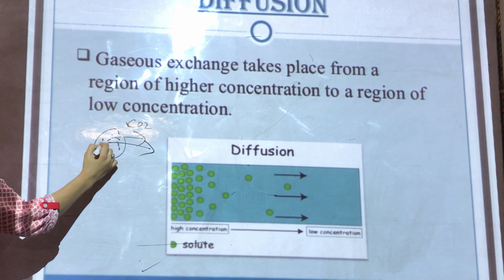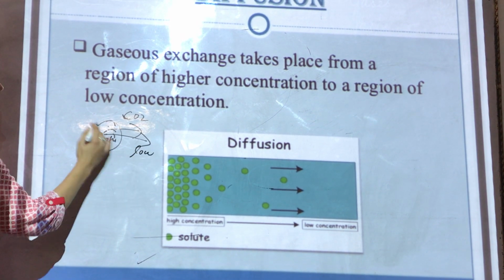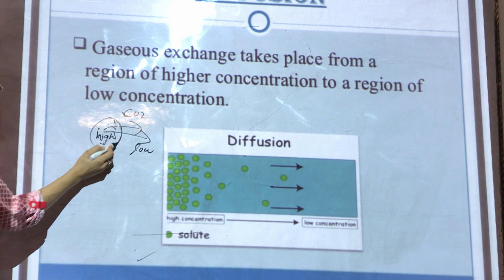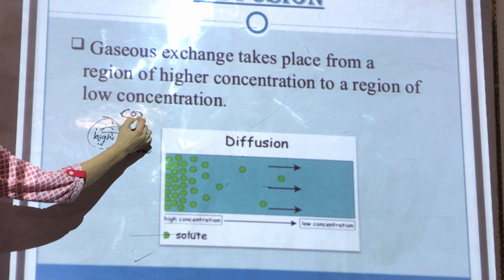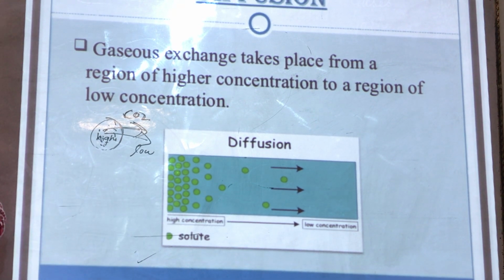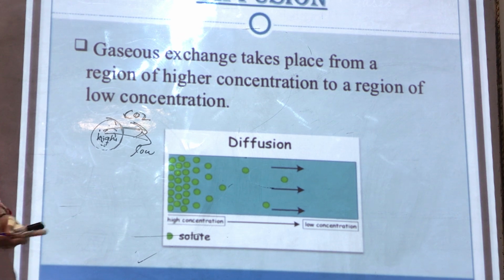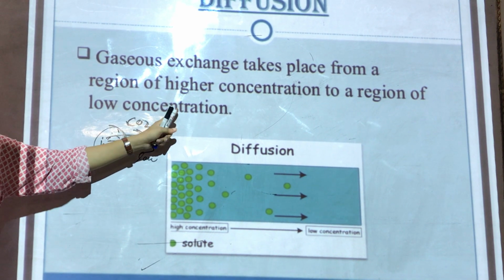Here the concentration of CO2 is high, and the concentration of CO2 outside the cell is low. So the plasma membrane allows the excretion of CO2 from higher concentration to lower concentration by the process of diffusion.